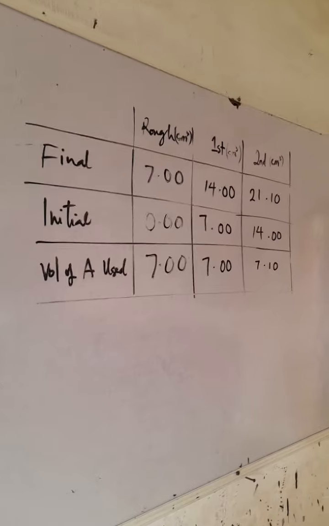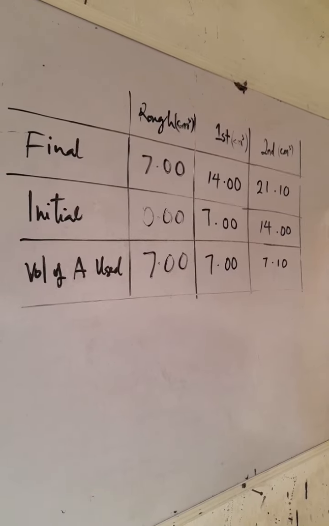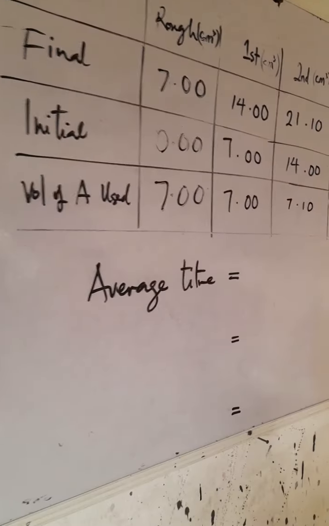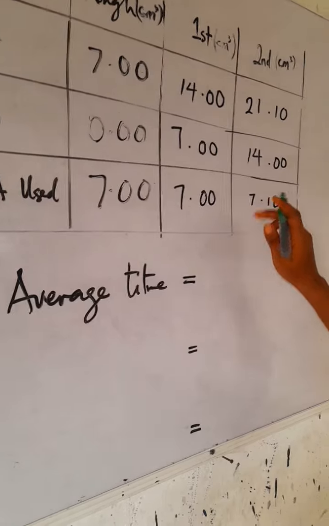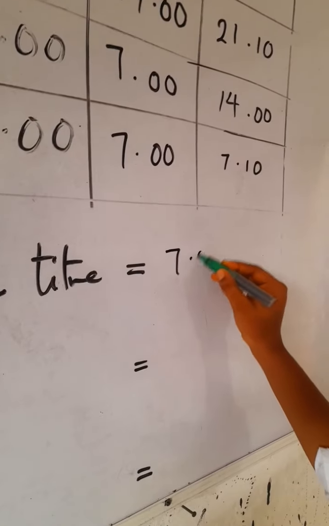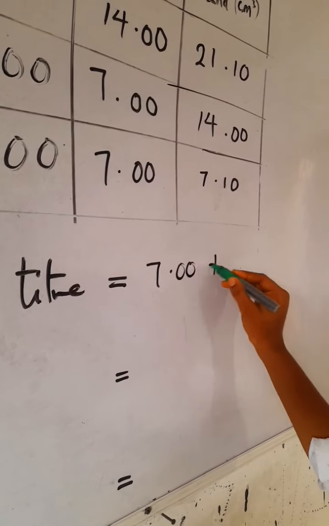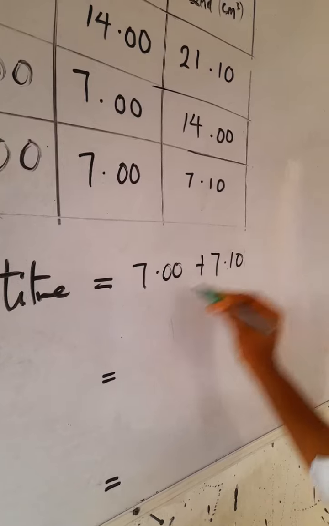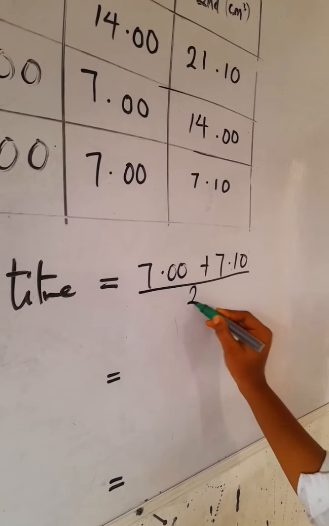All right, so we've finished the practical. We've done it 3 times, 1 the rough and 2 other ones to obtain consistent values. So we're going to find our average titer by adding the volume of acid used for the first and second titer. That's 7.00 plus 7.10, divided by 2.